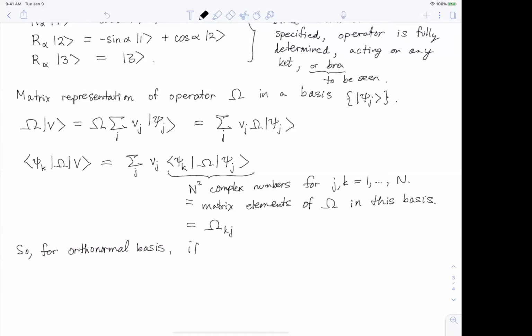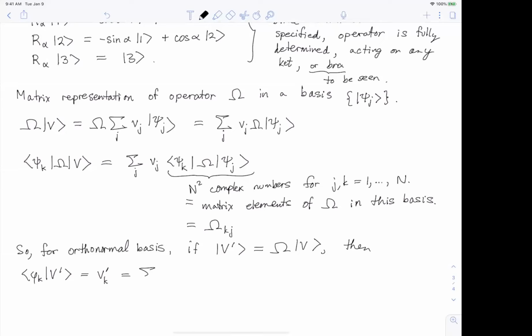Okay, if V prime is equal to omega acting on V, then, since it's an orthobasis, I'm going to call them phi's instead of psi's. Phi sub k acting on V prime, those are the components of V prime, which I'm calling V prime sub k.